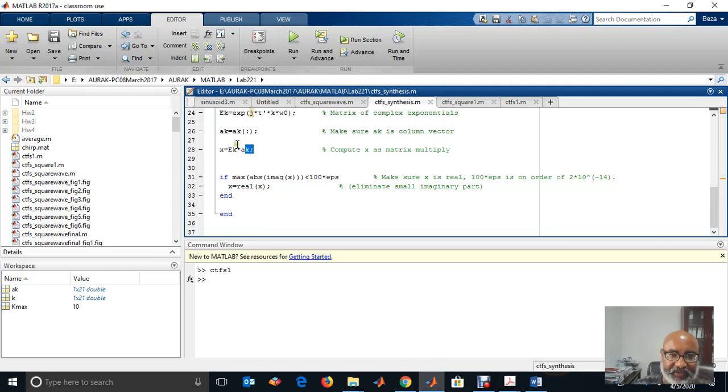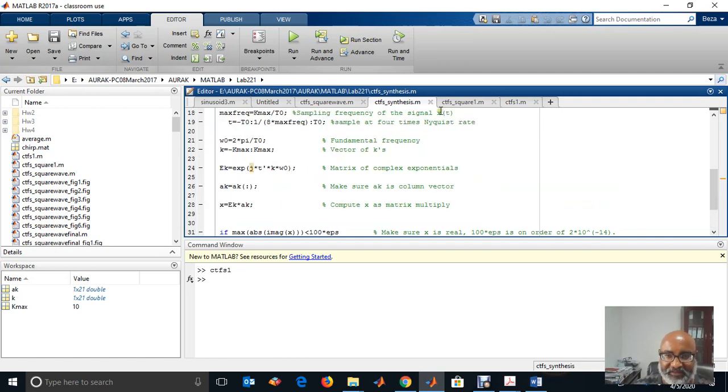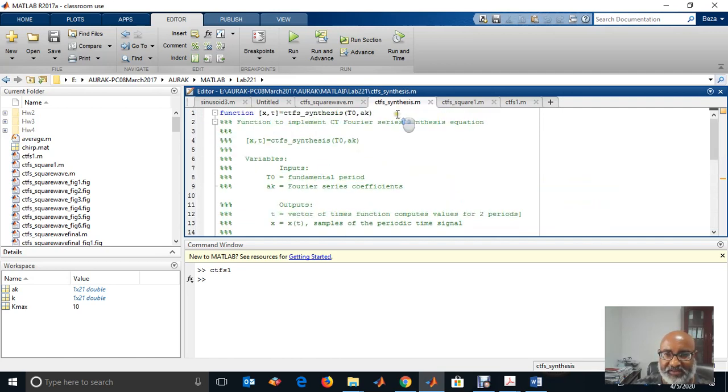So when we do this calculation, this matrix multiplied by this vector will give length of t by 1, the signal x of t. So this is what we get from this function, CTFS synthesis. It will generate the signal x of t using the a_ks and the period.